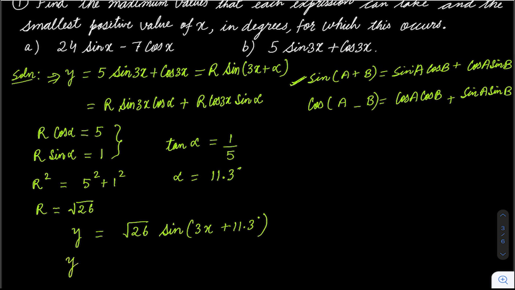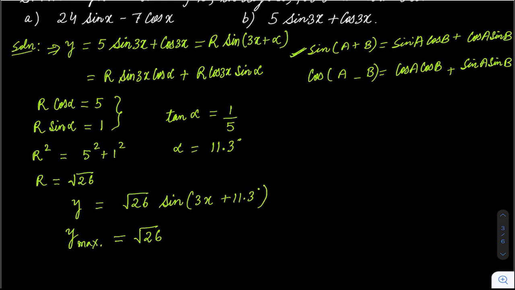Obviously y maximum value will be square root of 26 when this sine value is 1. Next they are asking when. We have also done this. Sine value is 1 for the smallest positive angle when the angle is 90 degrees.